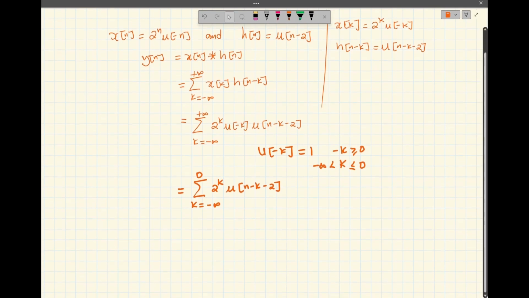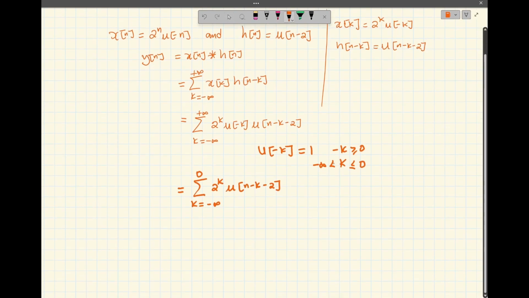So we are going to take care of the second unit step function. u of n minus k minus 2 is equal to 1 when n minus k minus 2 is positive.